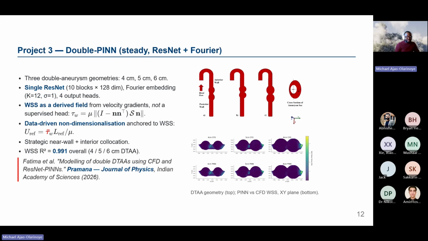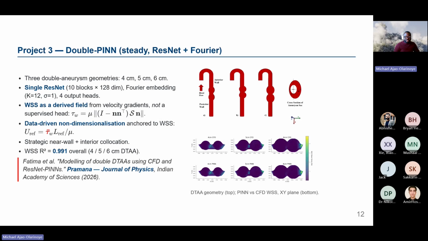Now the three double aortic arch geometries we used for this project were the 4 centimeter, the 5 centimeter, and also the 6 centimeter. Now, each of these was trained on a ResNet block of 120 dimensions for the Fourier embeddings, and we had 4 output heads. So the 4 output heads were the wall shear stress, the velocities, and also the pressure.